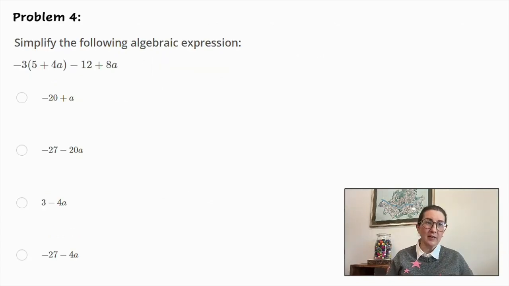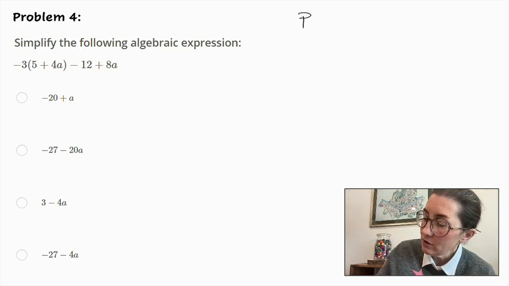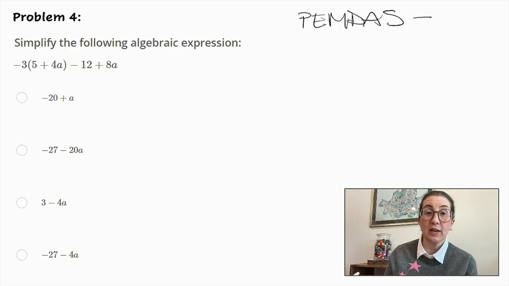Problem number 4. Simplify the following algebraic expression. -3 times, in parentheses, 5 plus 4a, close parentheses, minus 12 plus 8a. So we've got to look at PEMDAS first, the order of operations.